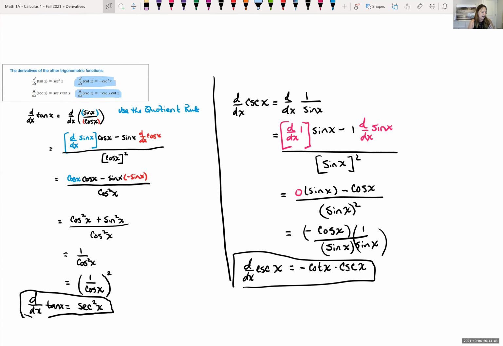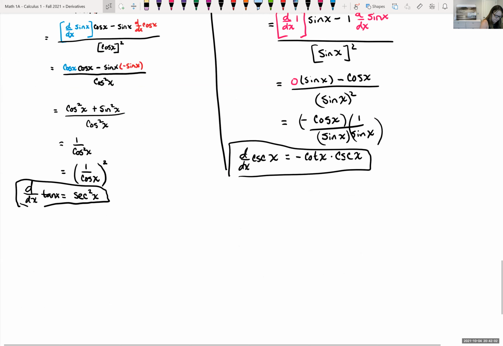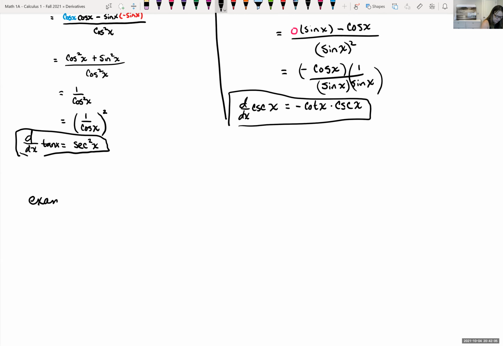So I'm going to pull a couple examples from the end of the section for us to do. So let's look at, how about f of x equals x times sine x times cosine x.